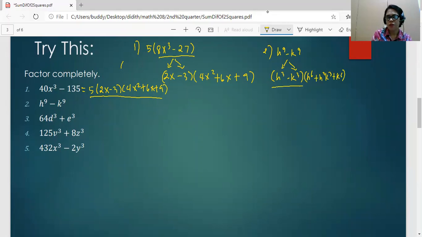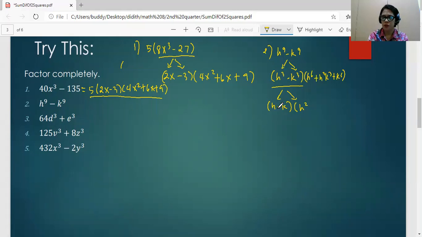Take note that this binomial factor is still factorable, and that's the difference of two cubes. So we'll extract the cube root again of h cubed and k cubed. That's h and k respectively, separated by a minus sign since the operation here is subtraction. And then we'll get the trinomial factor. First term is the square of h, so we have h squared here.